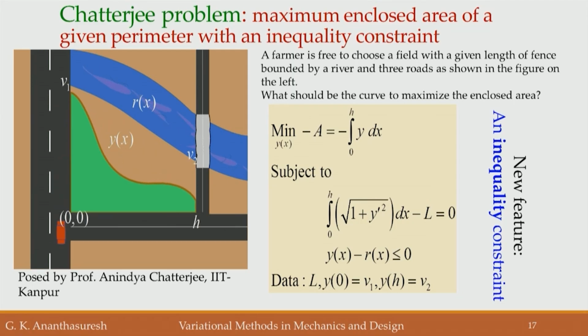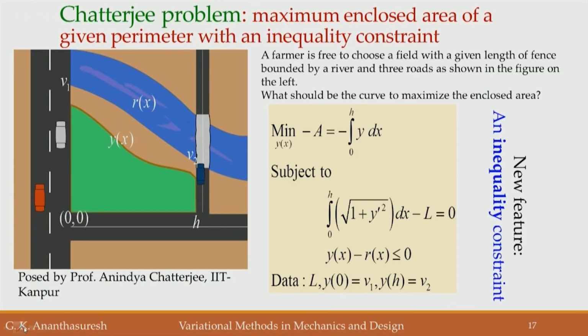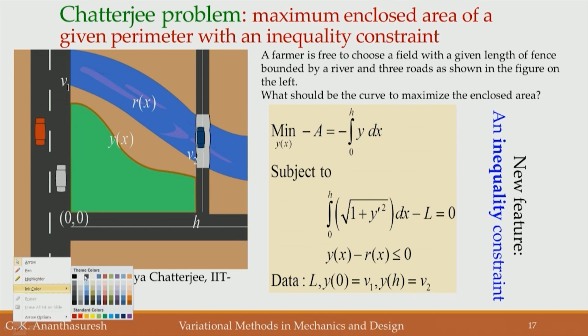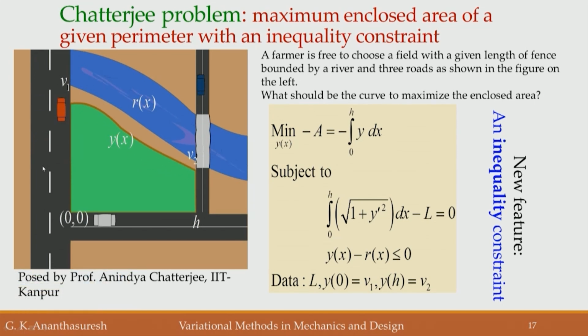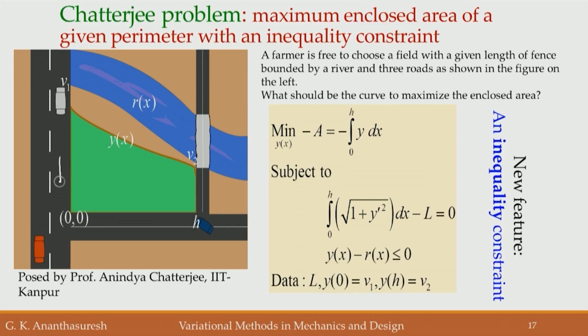Imagine that a farmer has to take some land enclosed by 3 roads. Here is road 1, road 2, and road 3.